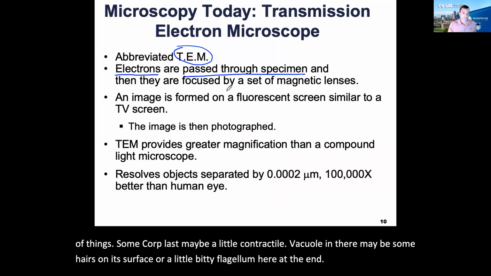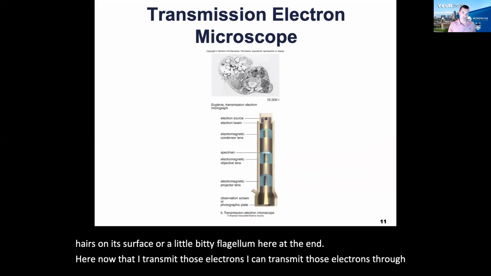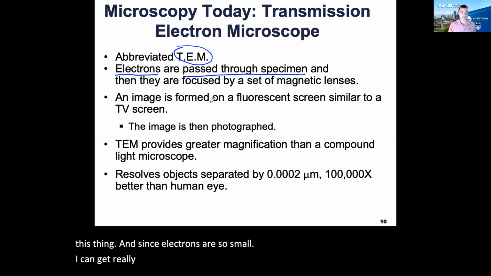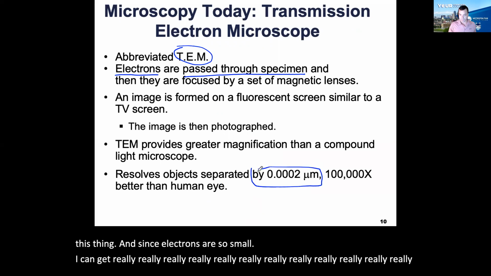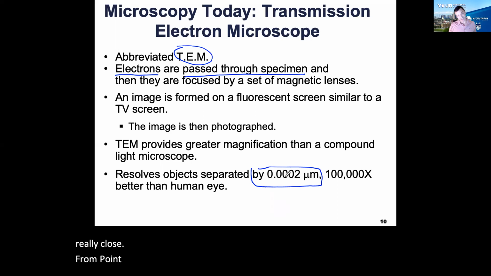But here, now that I transmit those electrons through this thing, and since electrons are so small, I can get really close. From 0.2 to 0.0002 micrometers. So I can get really great resolution here.